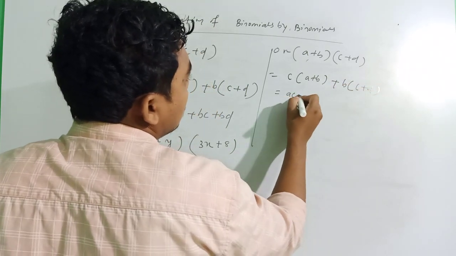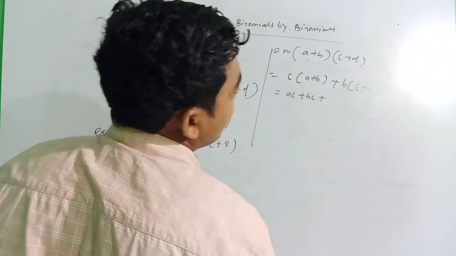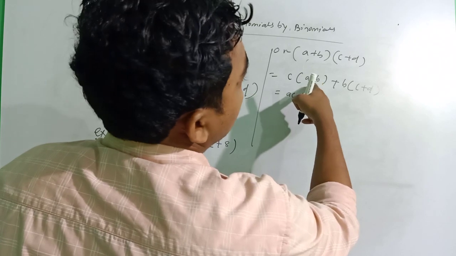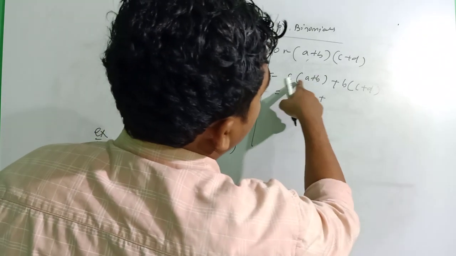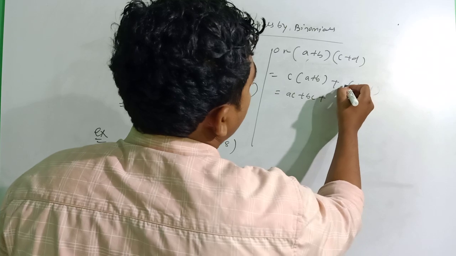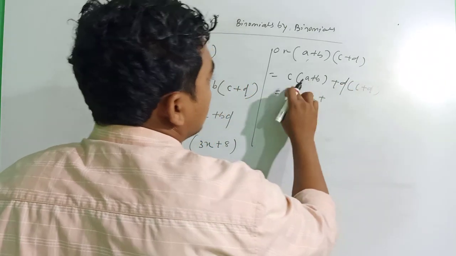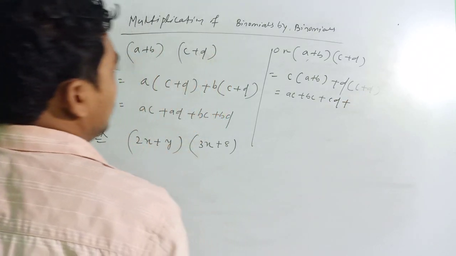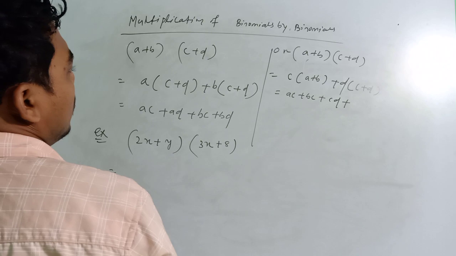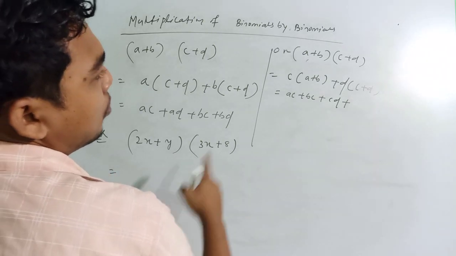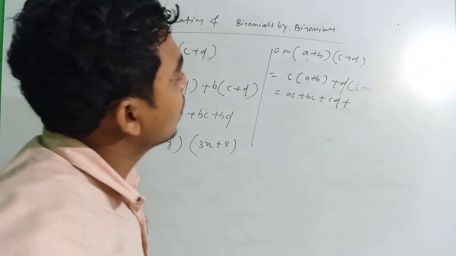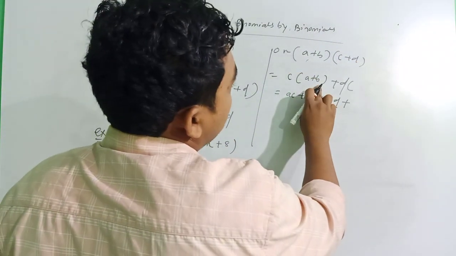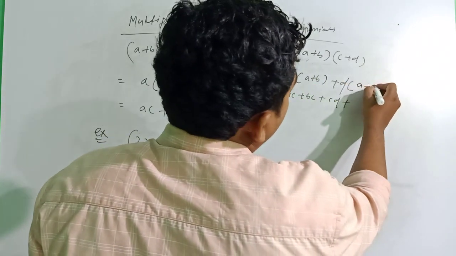So same terms: ac, bc, then ad, plus bd. I made a mistake writing that: it is c whole into a plus b, plus d whole into a plus b.